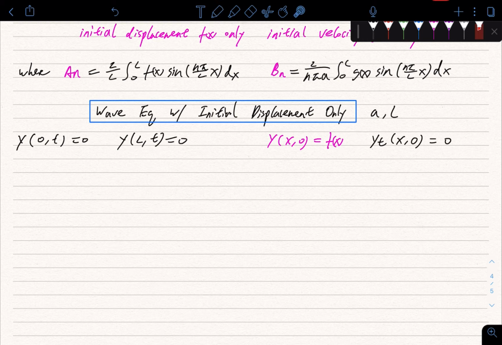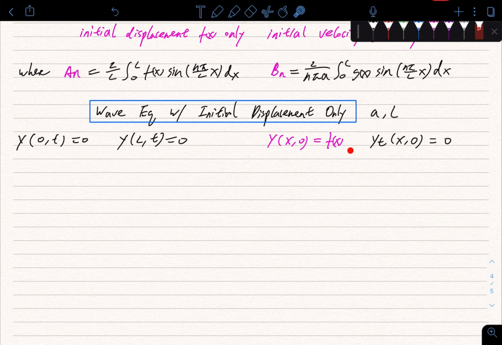So what this boundary condition means, similar to the heat equation with zero temperature ends, is that on the ends of the string the displacement will always be 0 regardless of how the time changes. That also applies to y of L, t equals 0. So that just means the string is fixed on both ends.